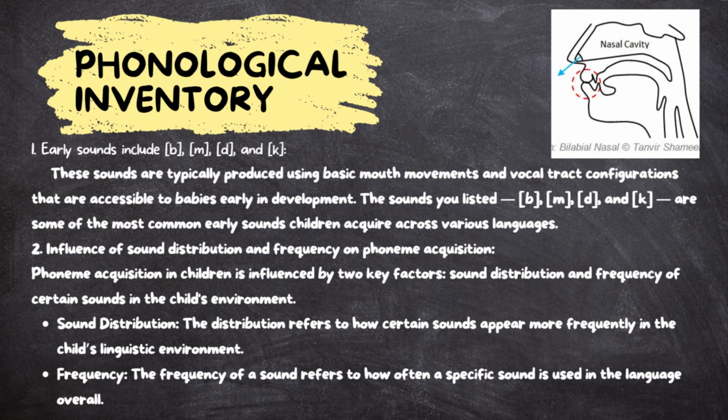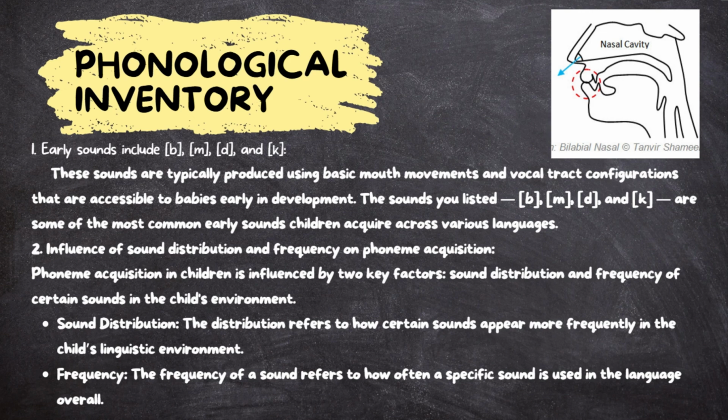On the other hand, sounds like v and z, or some complex consonant clusters like STR, are less frequent in English and therefore they are learned later.